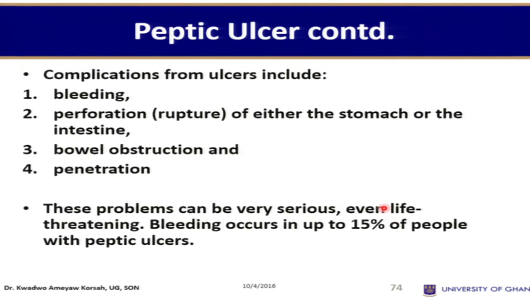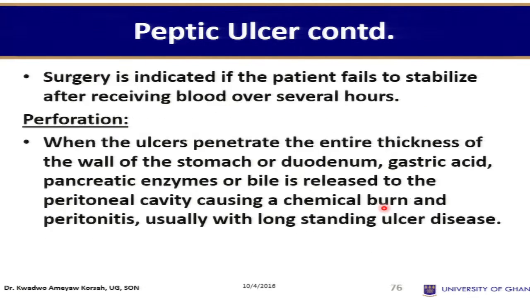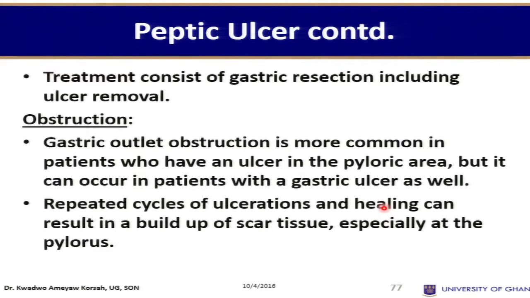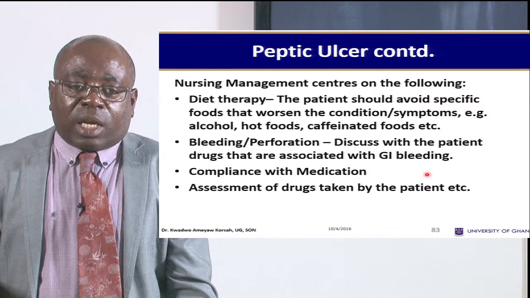Complications from ulcers include bleeding, perforation, bowel obstruction, and then penetration if interventions are not identified. So bleeding is a common complication of gastric ulcers, and the bleeding from a peptic ulcer stops spontaneously in about 70 to 80% of patients. And then perforation is also likely to occur, obstruction, which we have already mentioned. We also have penetration, which is also likely to occur.